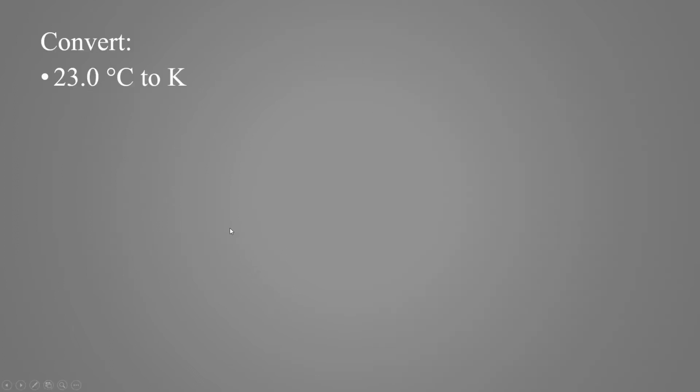Let's do some practice and convert 23.0 degrees Celsius to Kelvin. Remember that Kelvin does not have any degree, and this degree sign is only on Celsius and Fahrenheit. Formula to convert degrees Celsius to Kelvin is K equals temperature in degrees Celsius plus 273.15.